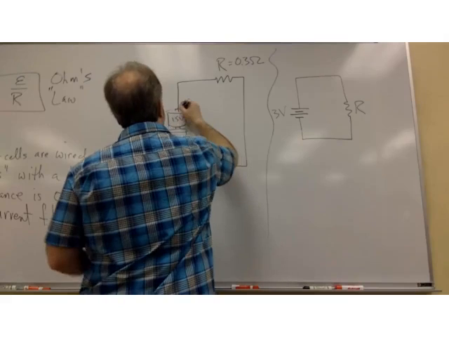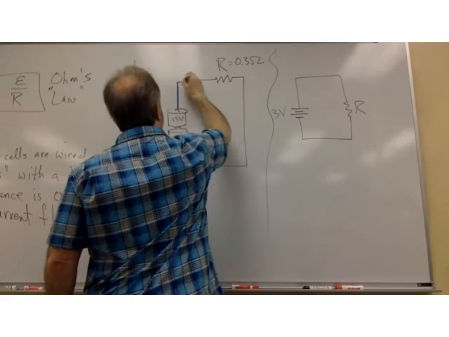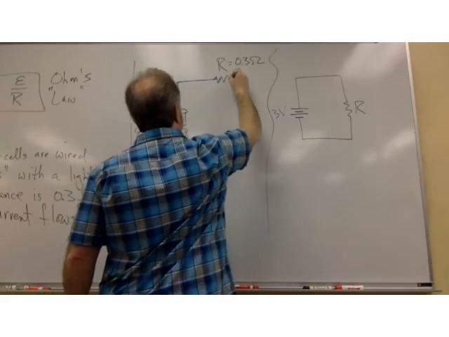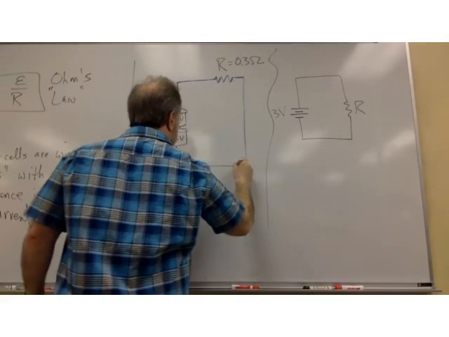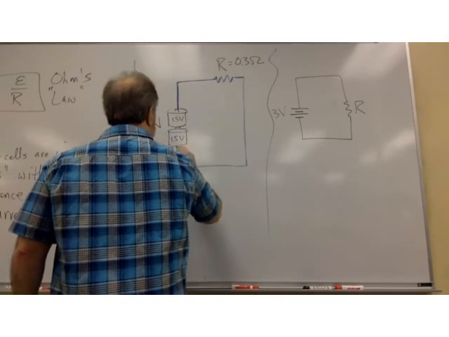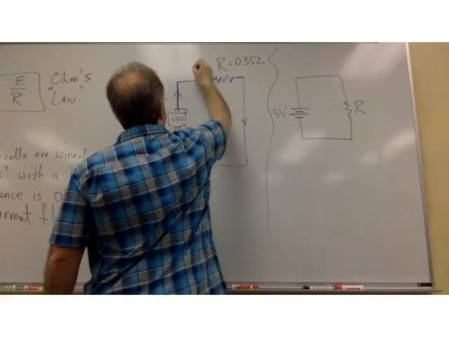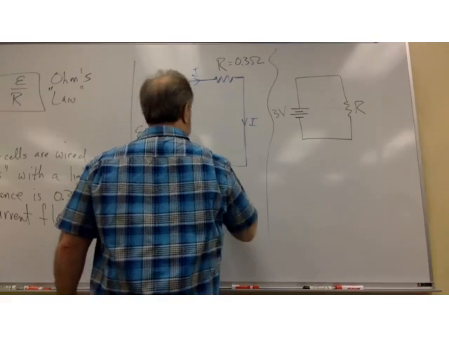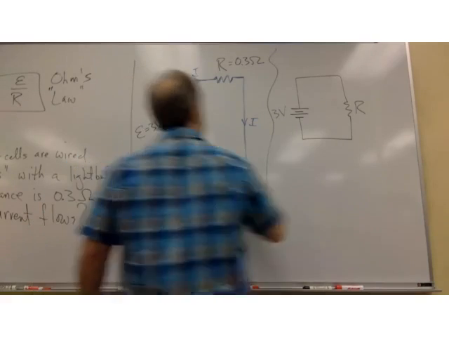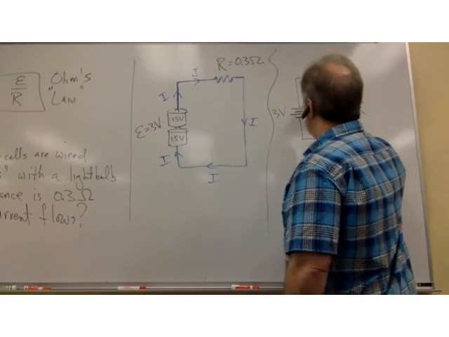You look here, the current will flow from the high potential and fall down to the low potential, and of course that will happen spontaneously. So there's our current I. The same thing is true here.